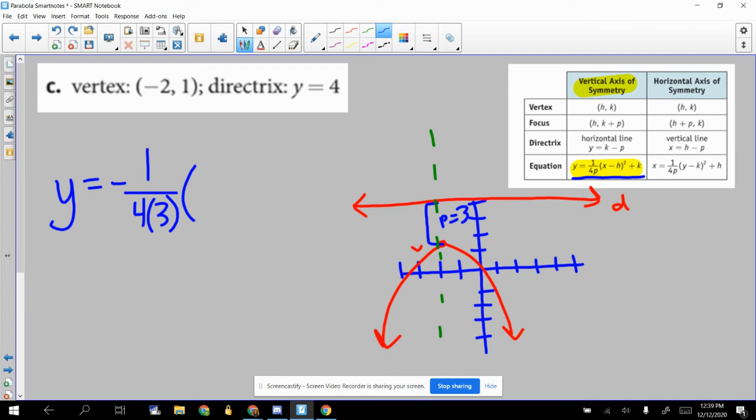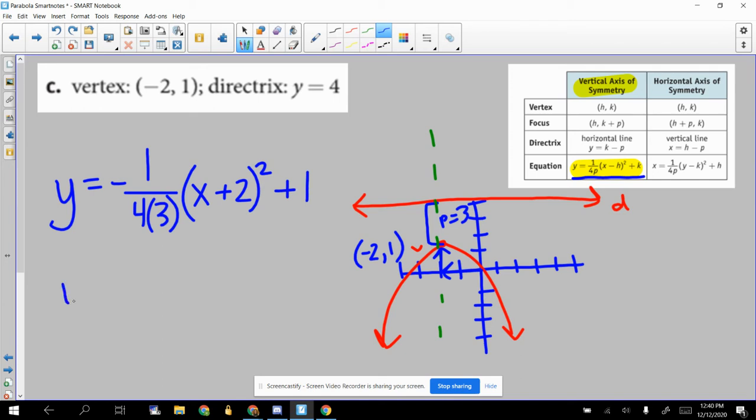So here's where we have to be careful because our vertex, remember, is -2, 1. So because it moved to the left 2, this is going to look like x plus 2 squared. And then it moves up 1, so it's going to look like plus 1.